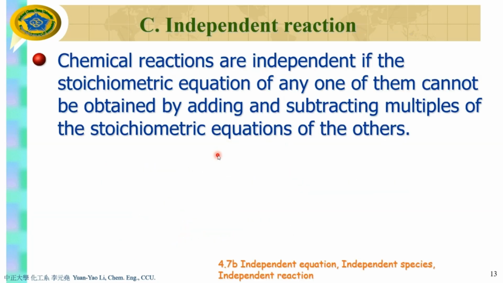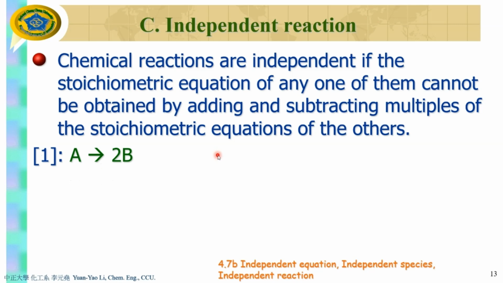Right, the third one is called independent reactions. Chemical reactions are independent if the stoichiometric equation of any one of them cannot be obtained by adding and subtracting multiples of the stoichiometric equations of the others.